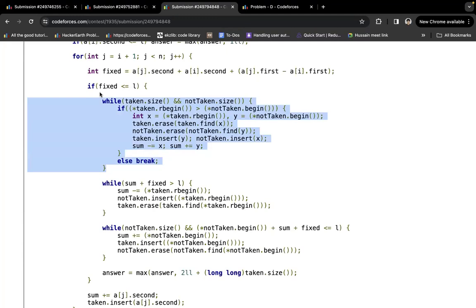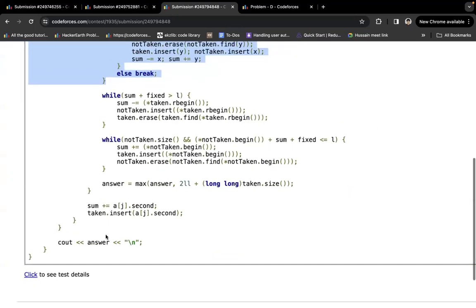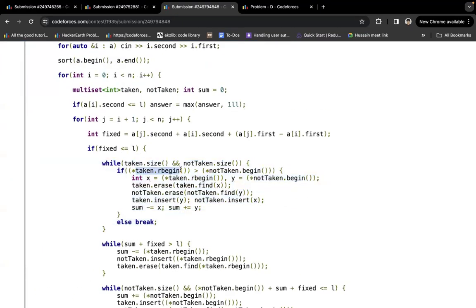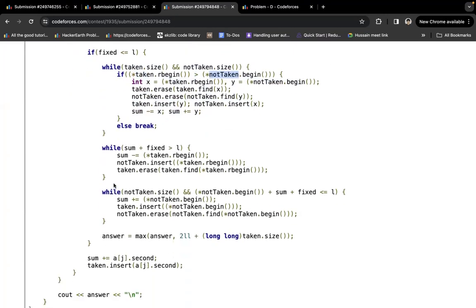If you want to look at how to implement this optimally, you could have a look at the editorial code, which is much cleaner. But here, first, I just check the largest element in taken and the smallest element in not taken. If largest is greater than the smallest in not taken, I just swap them. I insert the smallest into taken and the largest into not taken.